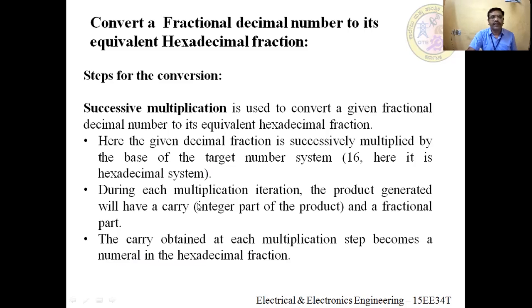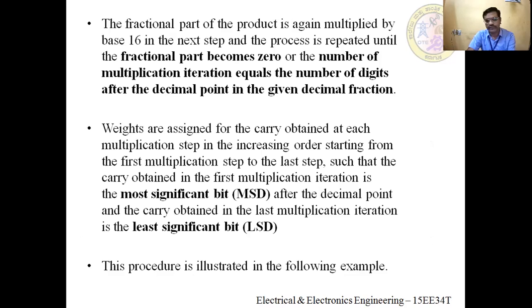See, in this multiplication iteration, after multiplication you get a product which contains an integer part and a fractional part. The integer part will become the carry, a numeral in the hexadecimal fraction. The fractional part of the product is again multiplied by base 16 in the next step.